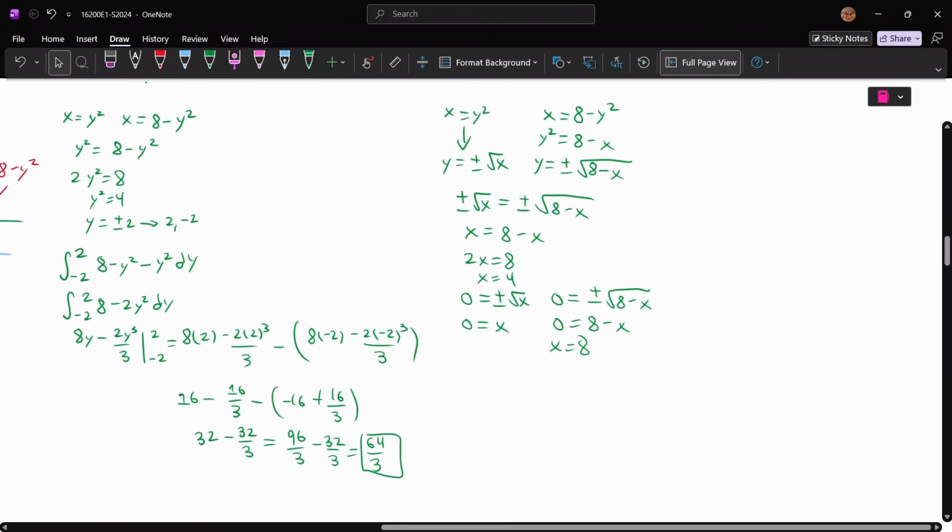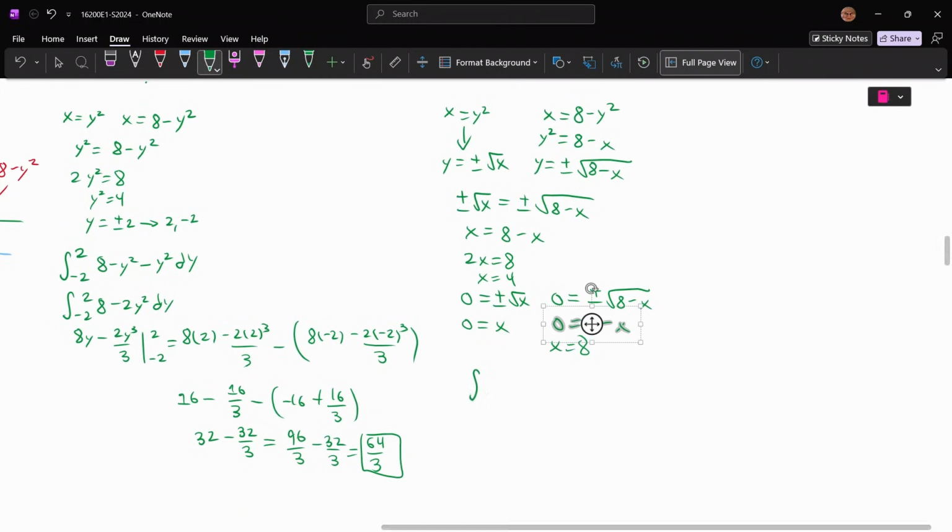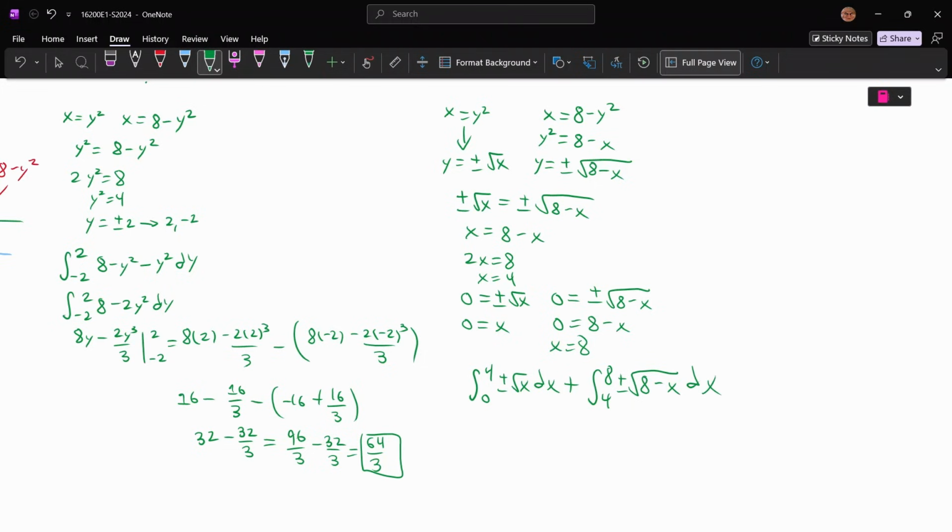So now that we have all of those things, we can set up our two integrals. The first one is the integral from 0 to 4 of plus or minus the square root of x with respect to x, plus the integral from 4 to 8 of plus or minus the square root of 8 minus x dx.